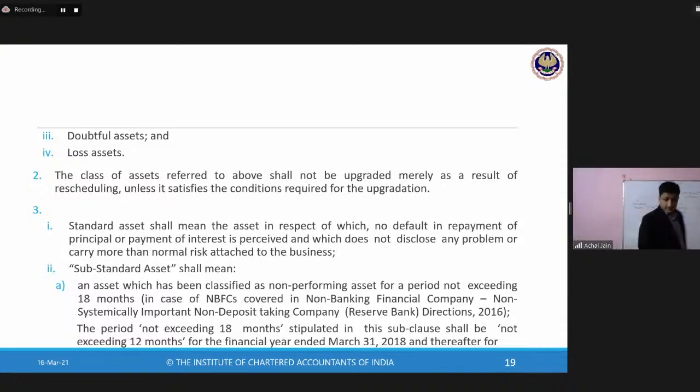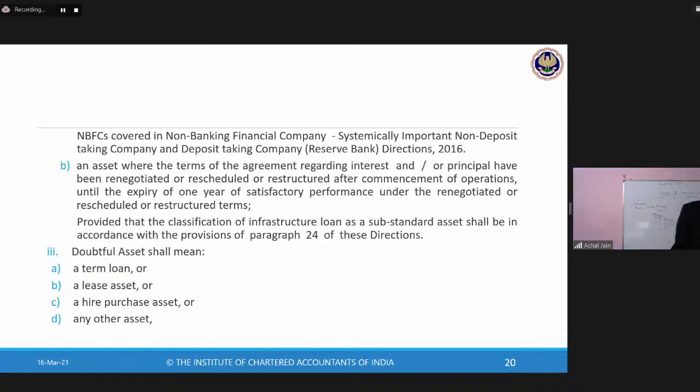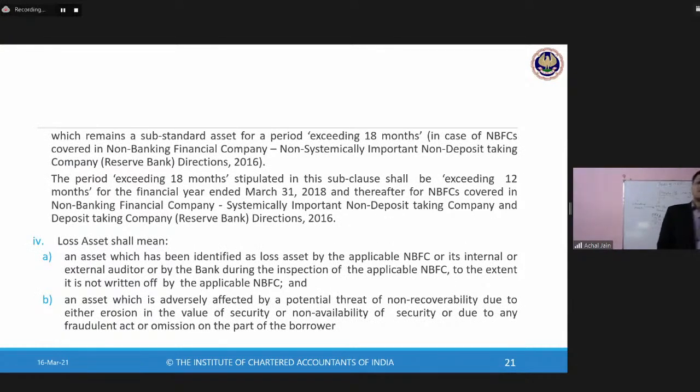Next, doubtful asset. Doubtful asset shall mean a term loan, means it can be any type of term loan, lease asset, hire purchase asset, or any other asset which remains substandard.